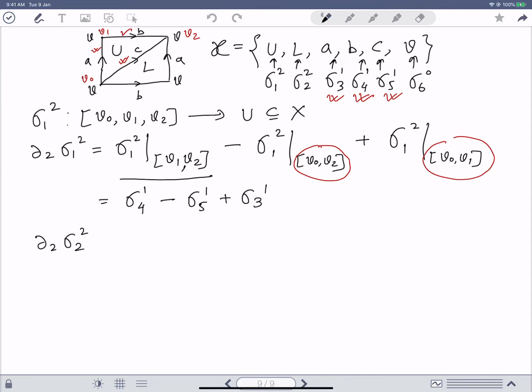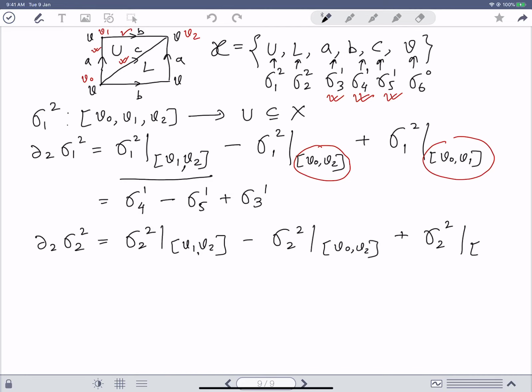Now here it is two dimensional, right? Now again we can write it is sigma 2 v1 v2 minus sigma 2 v0 v2 plus sigma 2 v0 v1.